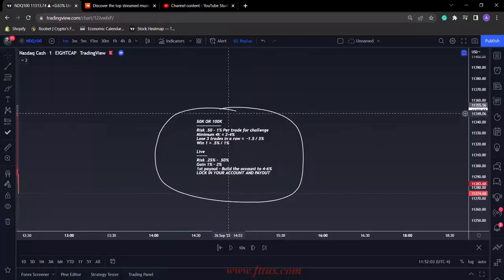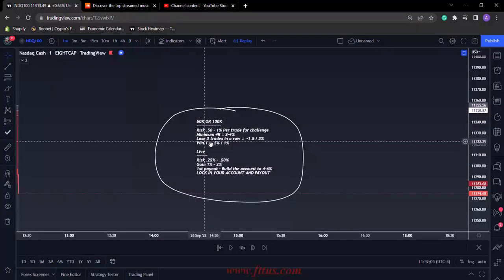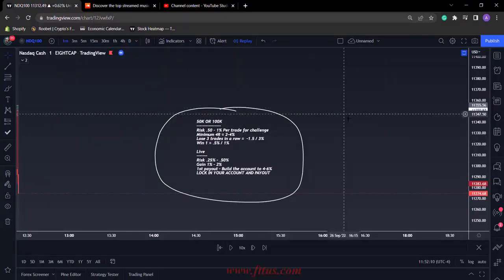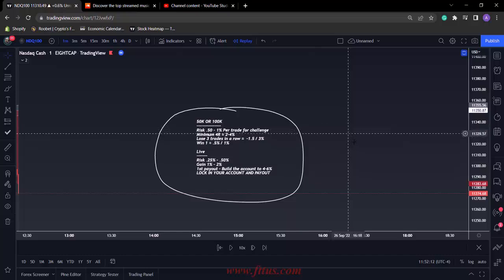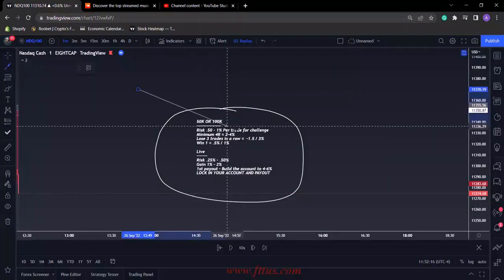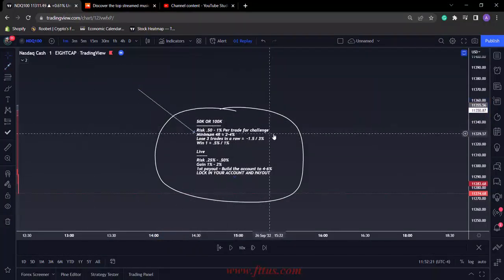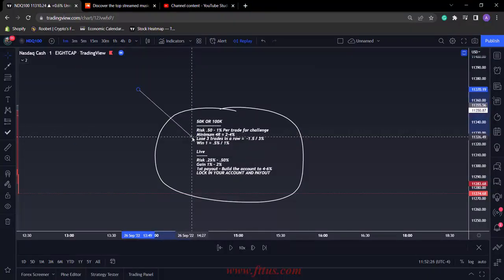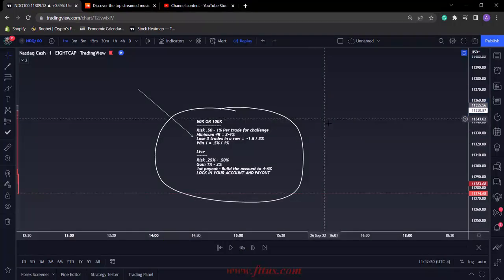So once again, it doesn't matter if you're on 50K, 100K, 25K, 10K. For the challenges, risk 0.5% to 1% per trade, and we get minimum 4R per trade. So that will equal out to either 2 to 4% per trade at minimum. Say you lose 3 trades in a row, you're down 1.5% to 3%, depending on how much you risk.